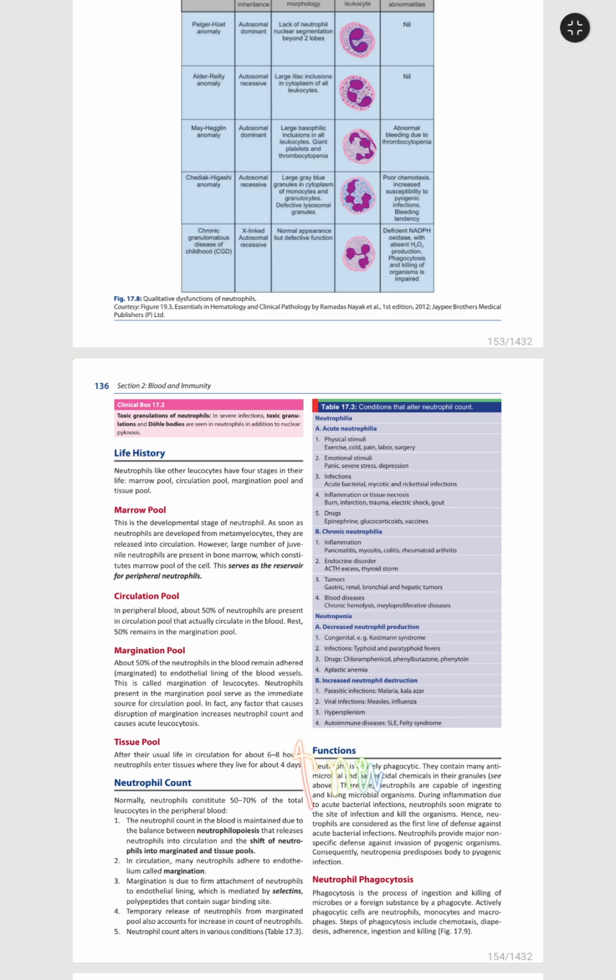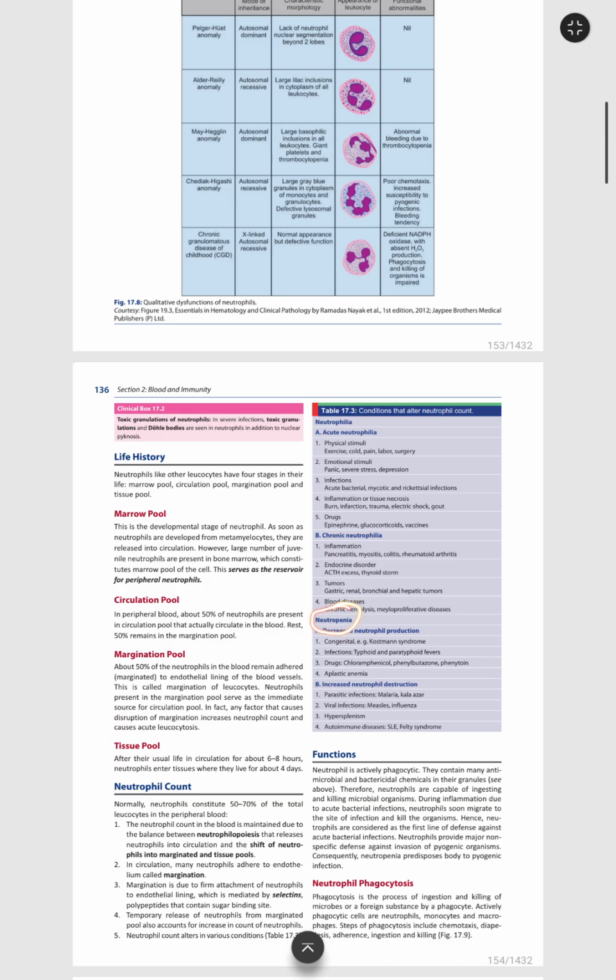Increased neutrophil destruction. Neutropenia can be due to decreased production or increased destruction.